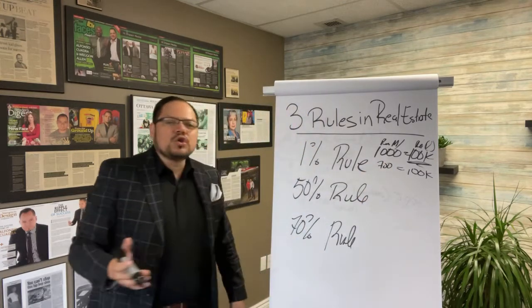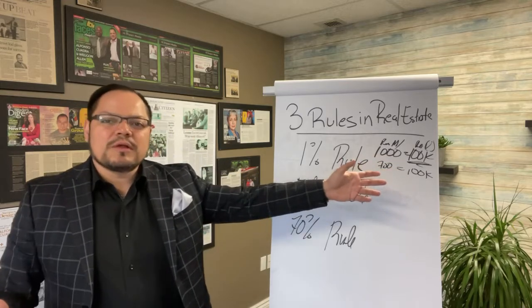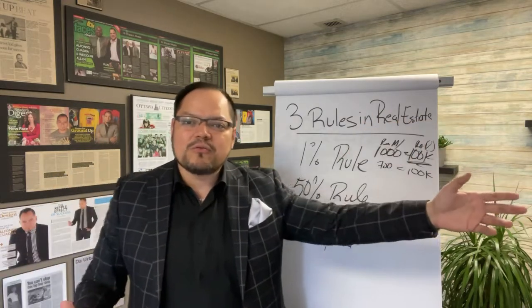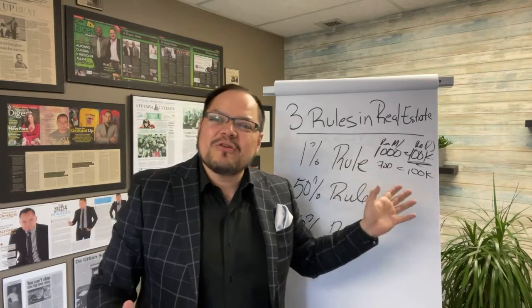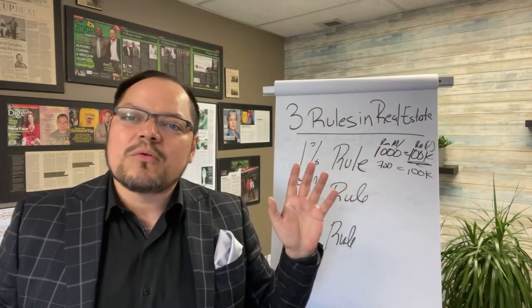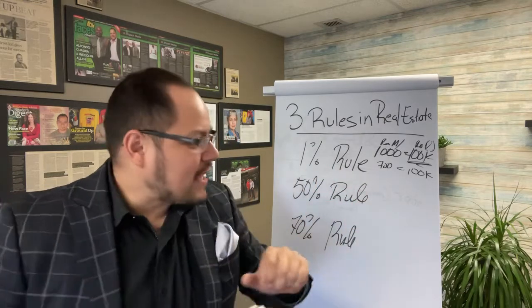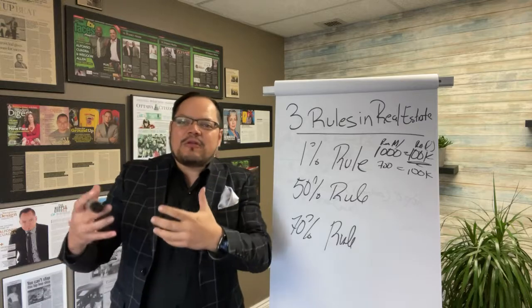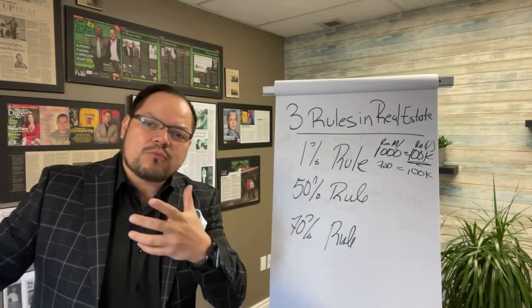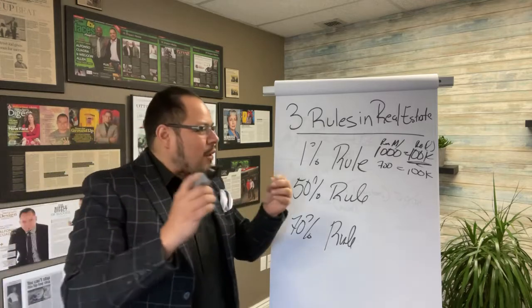So you could say that $100,000 in real estate value should equate to anywhere around $700 to $1,000 in rental monthly income. And for us investors, that's a great indicator. The closer we are to that 1% rule, it means that the property is going to work based on our criteria.